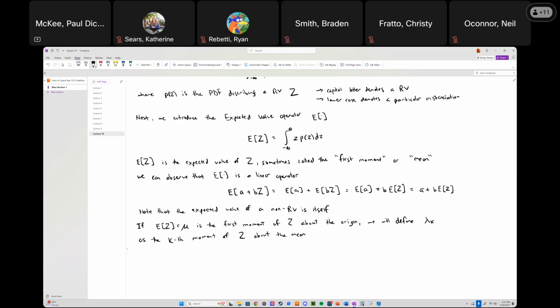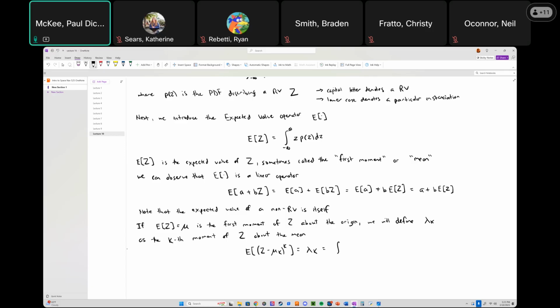So the way we would write this is the expected value of (Z minus mu) to the power k. That is lambda k.